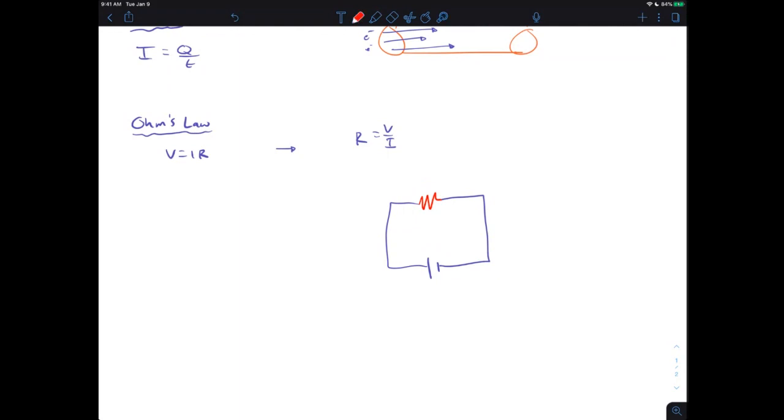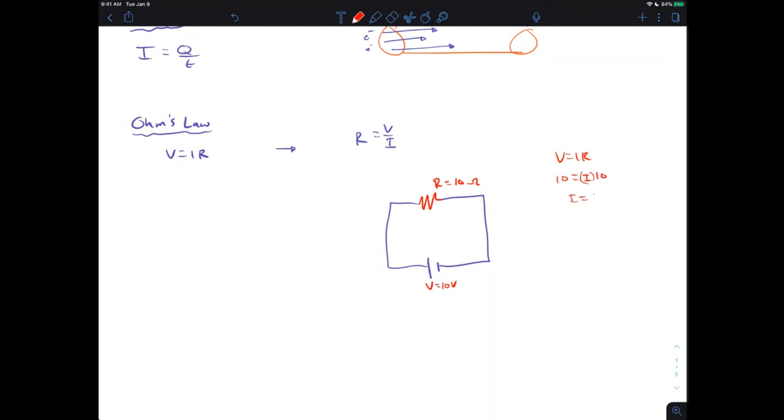For example, if my resistor was equal to 10 ohms and my battery had 10 volts, just a simple example here. If I wanted to find the amount of current that will flow through, I use my formula, but I have 10 is, this should be I, oops, times 10.